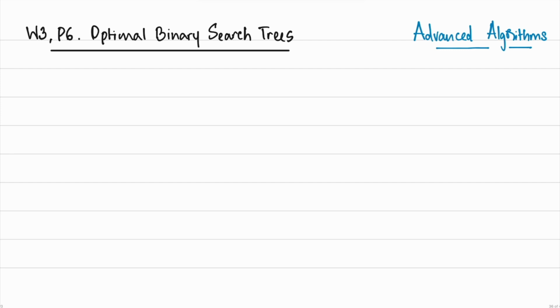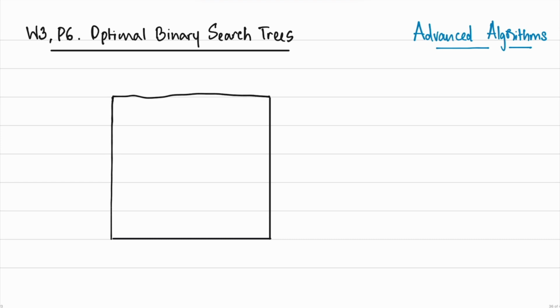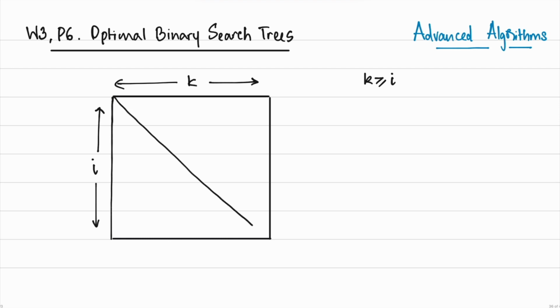So let's interpret our recurrence visually as a table here. So this is our left index I, and this is our right index K, and typically we are interested in the entries where K is at least I. So the diagonal entries is what we said would be the natural base cases.